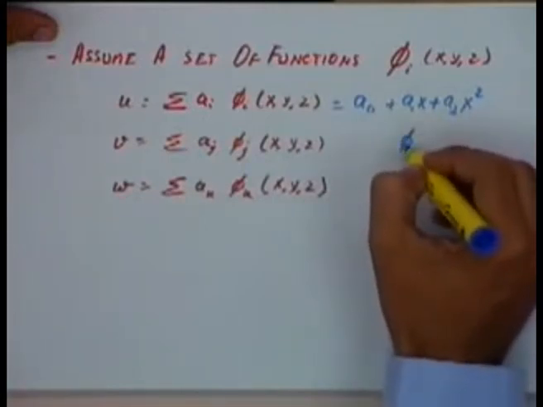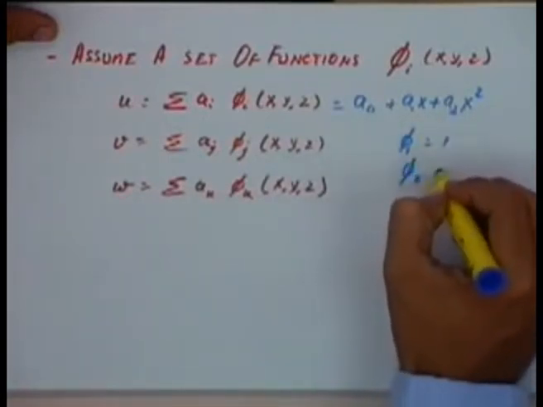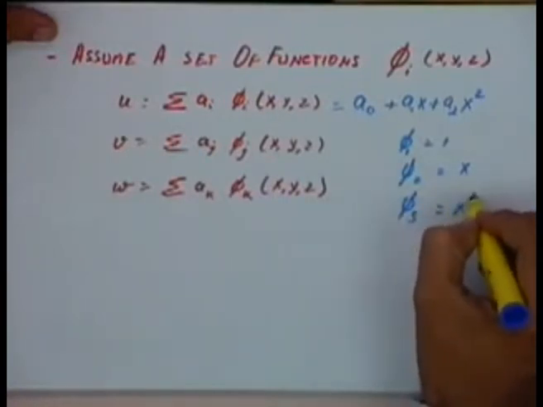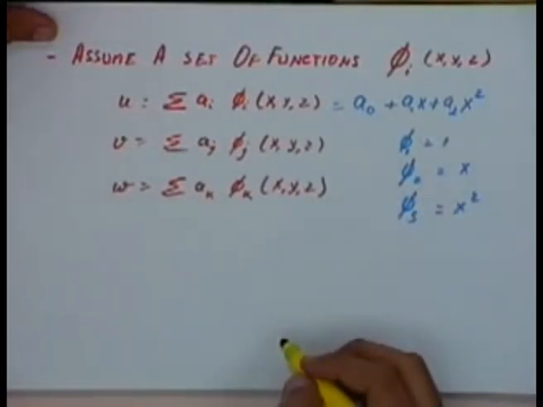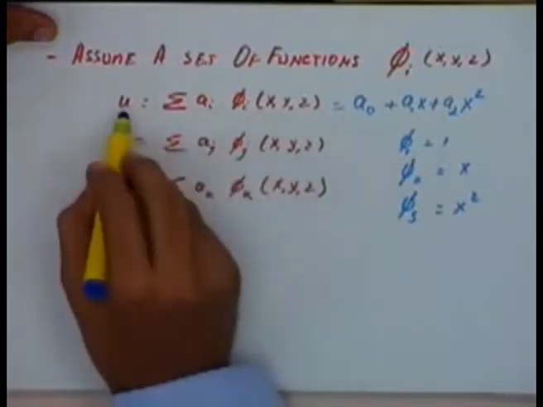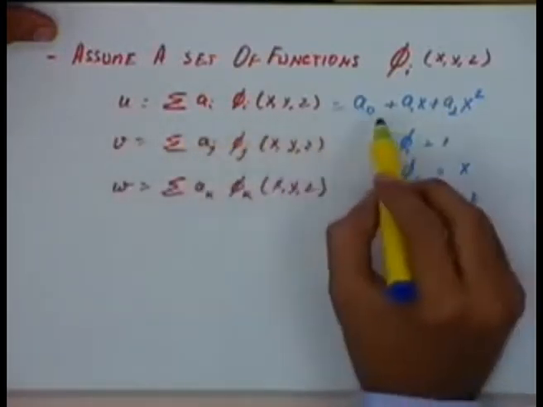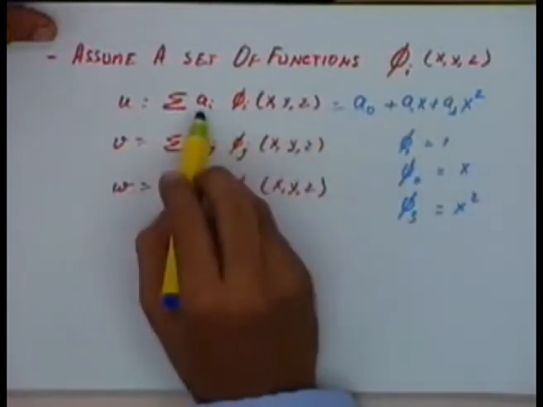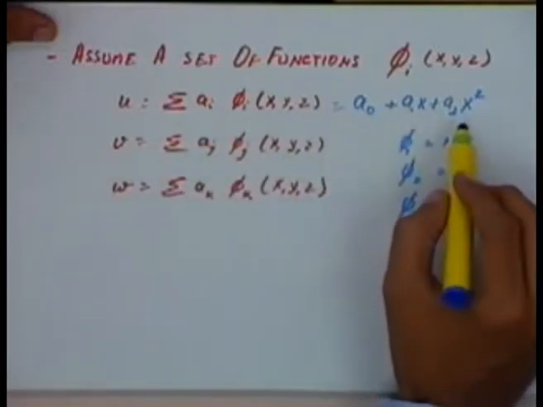I will write it here: phi 1 is equal to 1, phi 2 is equal to x and phi 3 is equal to x squared. So my u is given by a combination of 3 phi i's which are 1, x and x squared, and my constants or parameters ai are a0, a1 and a2.